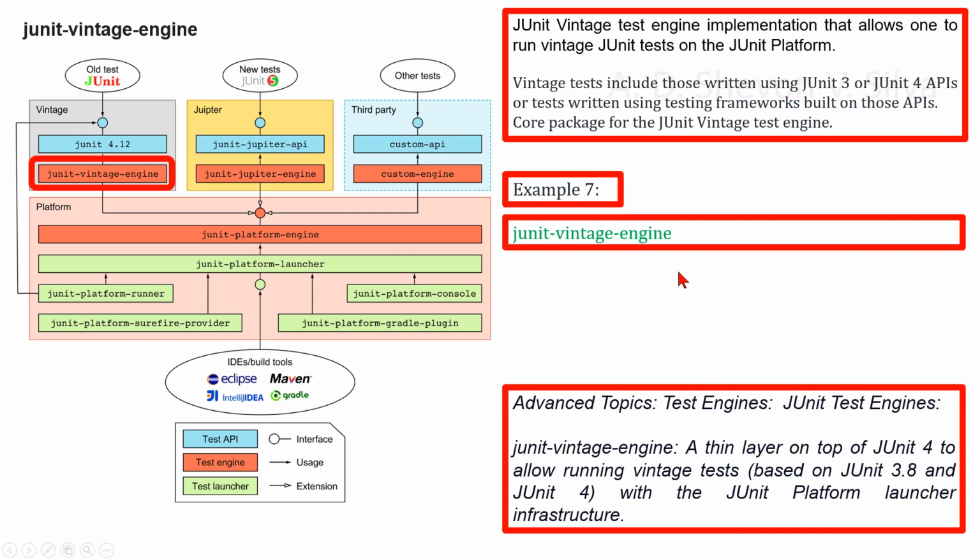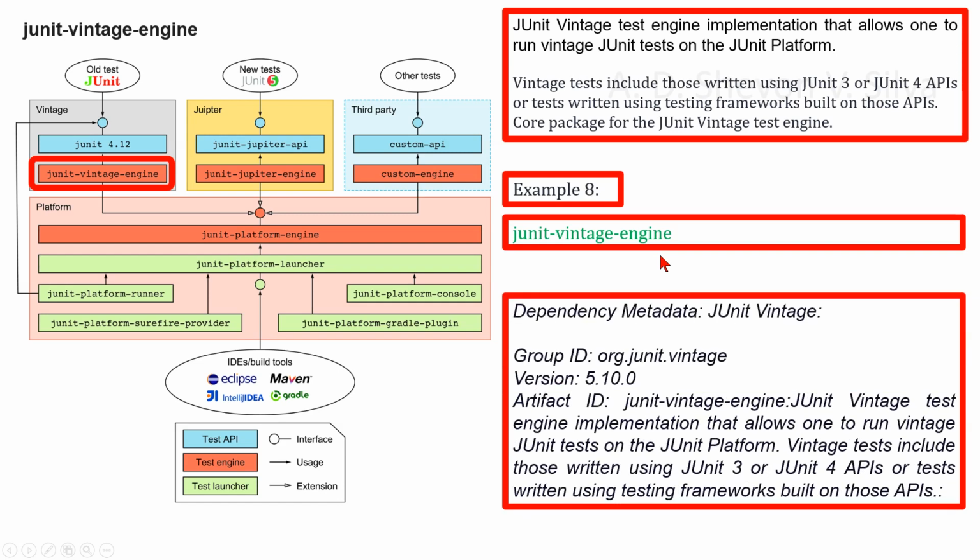Now we are considering JUnit test engines in advanced topics. The JUnit Vintage engine is a thin layer on top of JUnit 4 to allow running vintage tests based on JUnit 3.8 and JUnit 4 with the JUnit Platform launcher infrastructure. Now we are considering JUnit Vintage in dependency metadata.